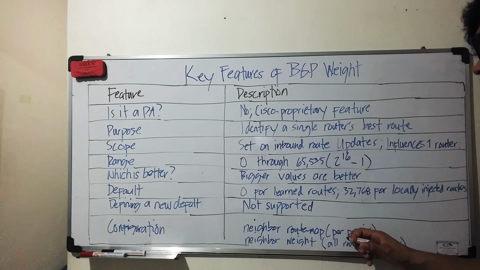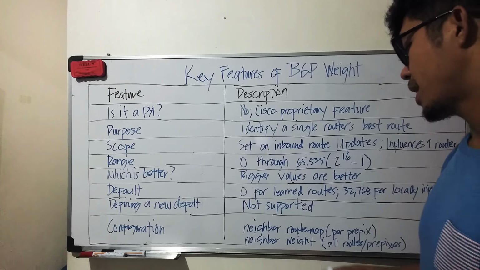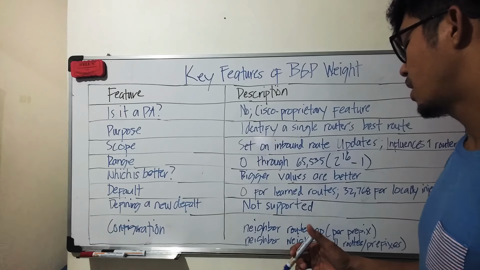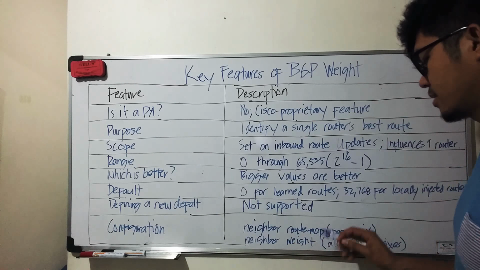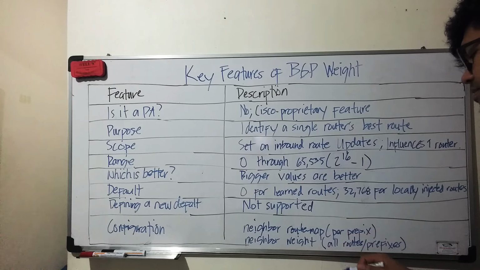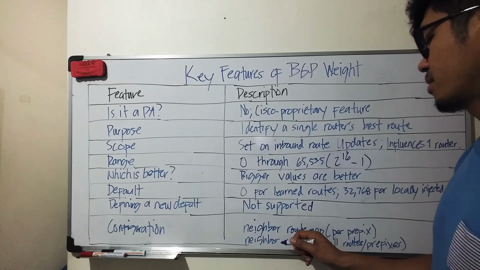So this is per prefix or prefixes, and you can also apply weight on the neighbor itself. So neighbor and then weight, and then the value. This affects all the prefixes on that neighbor.